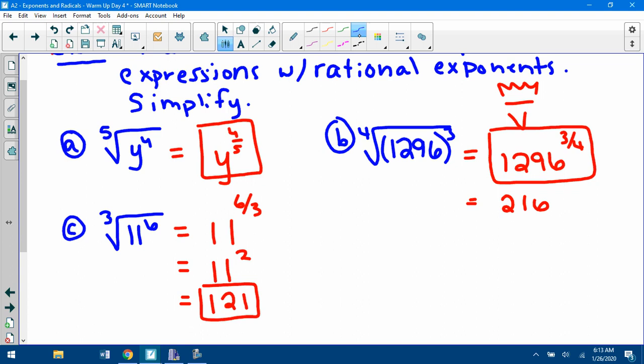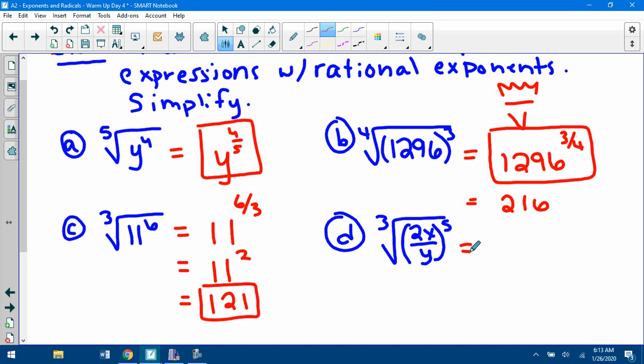Okay, let's get some more variables in these last couple. Let's do the cube root of 2x over y, all raised to the 5th. Now, if we're just following directions, the directions said write as an expression with rational exponents. So I could just say 2x over y raised to what power?